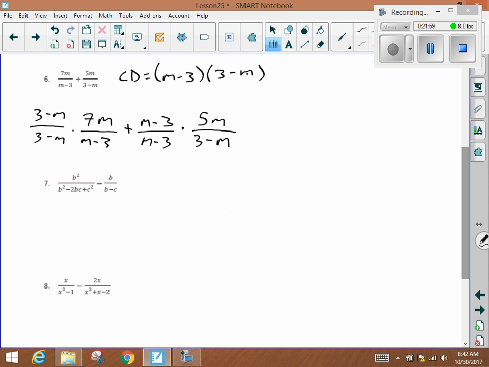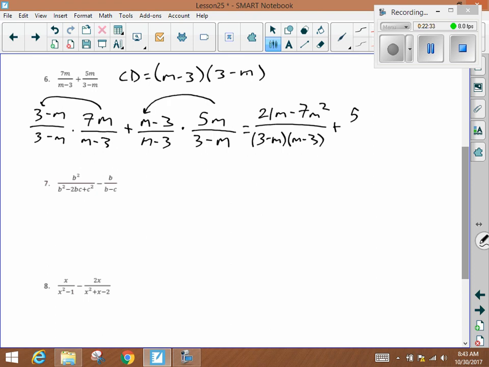Alright, so I'm going to go ahead and distribute. So that's going to give me, right, I'm going to multiply that one times that one, which is 21m minus 7m squared over 3 minus m times m minus 3 plus 5m squared, because I'm going to multiply this one times this one.